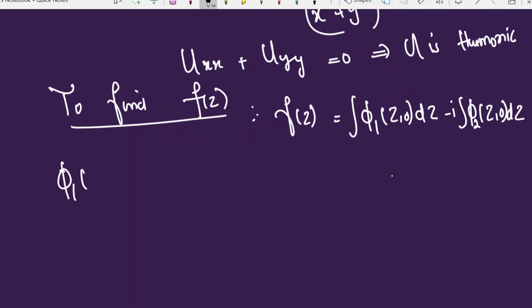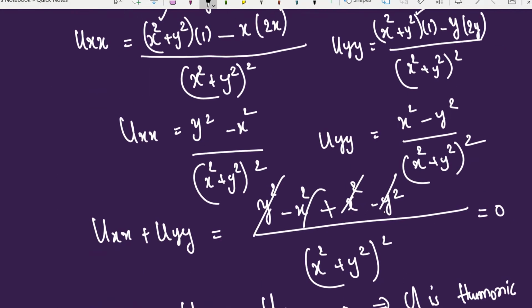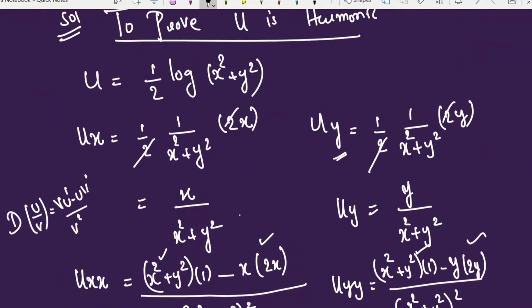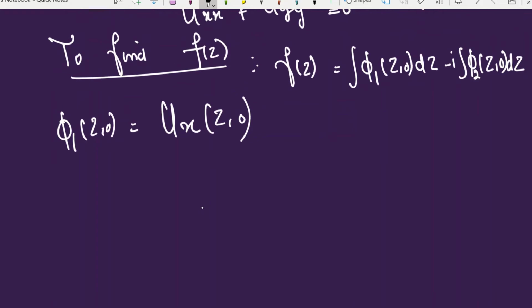Phi 1 is nothing but u_x at z comma 0. Now what is our u_x value? x by x square plus y square is my u_x value.